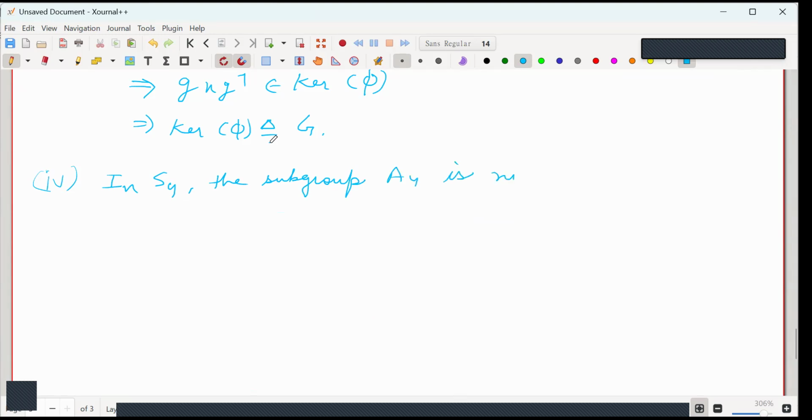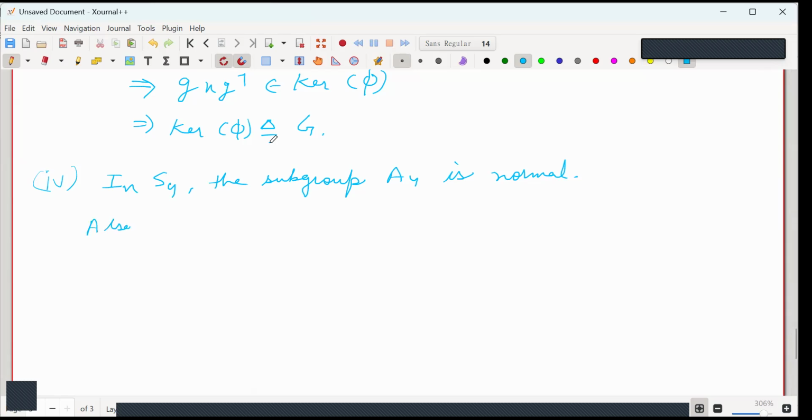A4 also you know, the group of all even permutations. But S4 has just one such proper normal subgroup, that is A4 only. So any subgroup of S4 which is sitting inside A4 cannot be a normal subgroup.